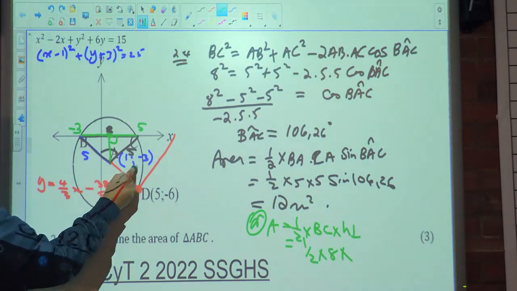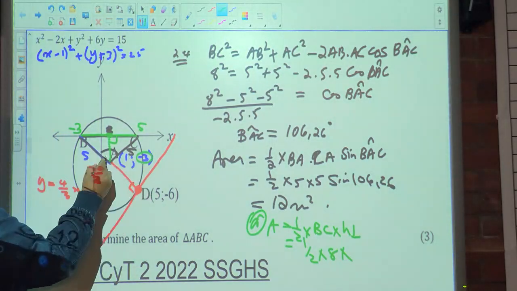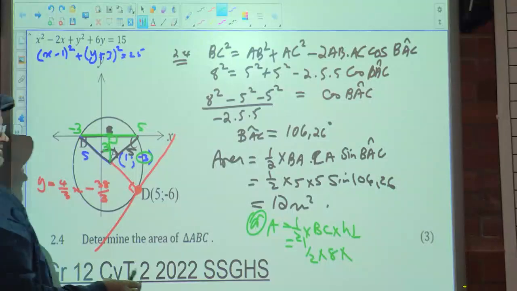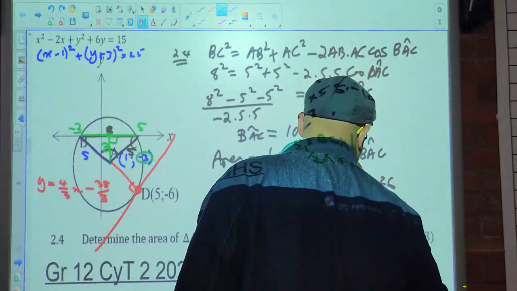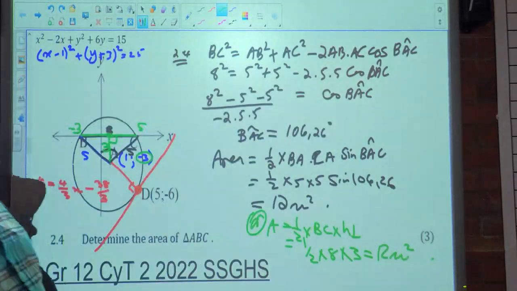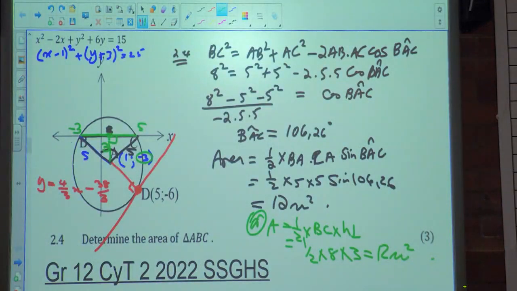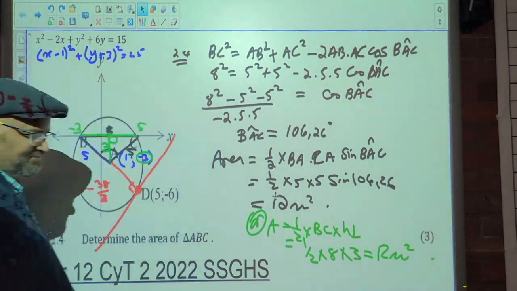So if that is minus 3, this distance has to be 3. And a half times 8 is 4, times 3 is 12. When I did the memo, I could have shown it, but there's just a bit too much on this diagram now. Okay? Both ways you get the same answer.